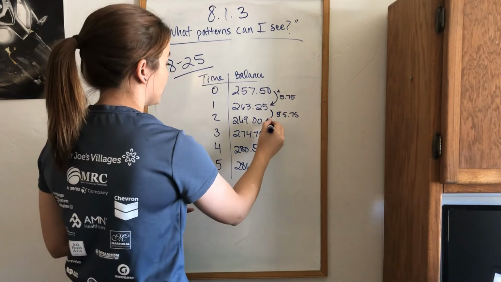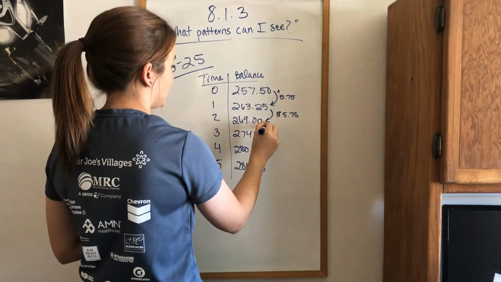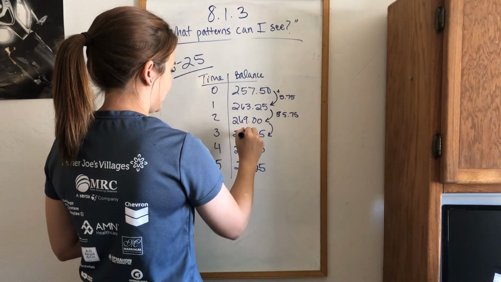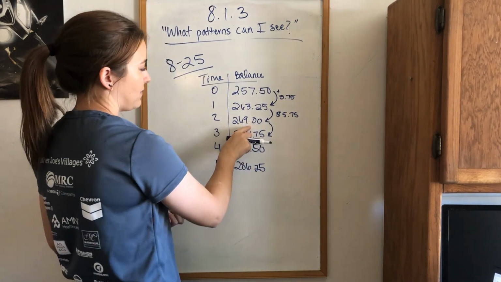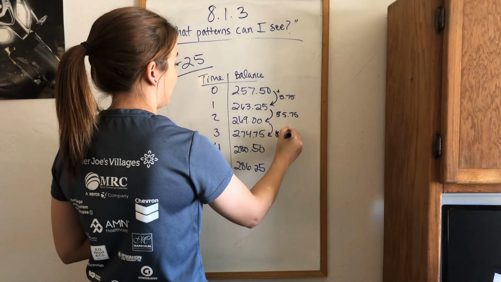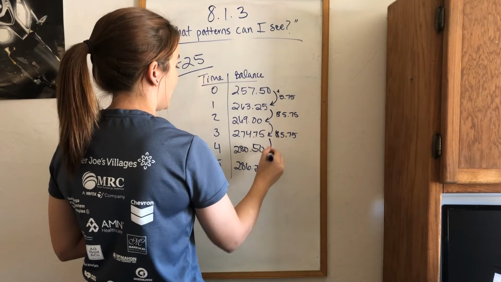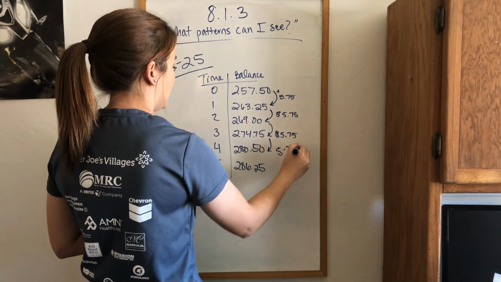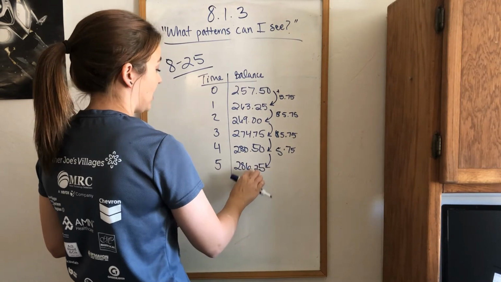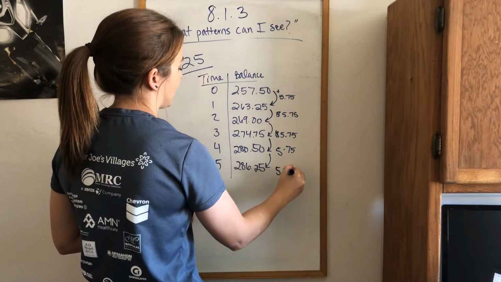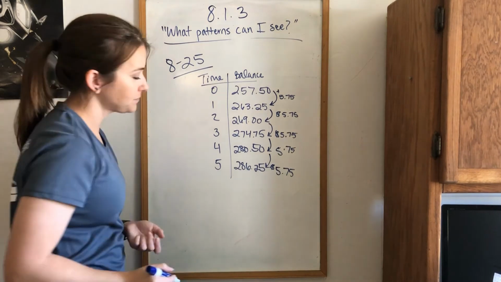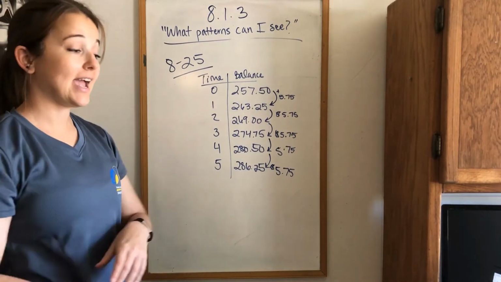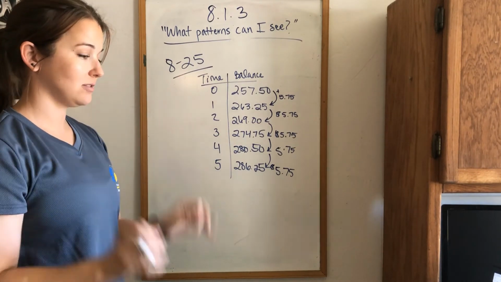So I'm like, okay, it looks to be simple, but let's just double check here. Did the same thing, 274.75 minus that. I also got 575. Looks like it's checking out. 280.50 minus that was also 575. And lastly, this value minus that value was also 575. So it is confirmed. This is simple interest because it is going up at a constant rate.